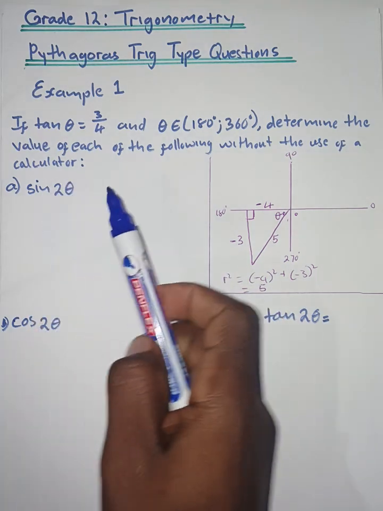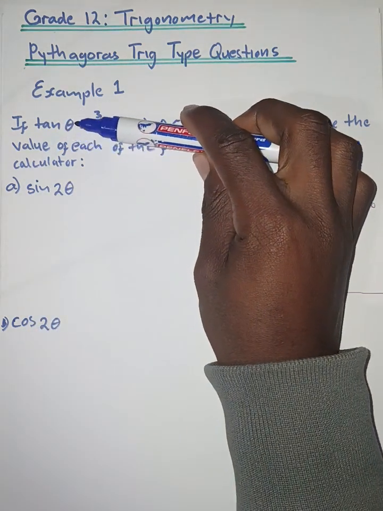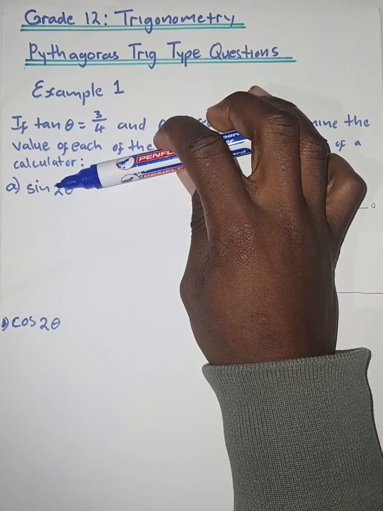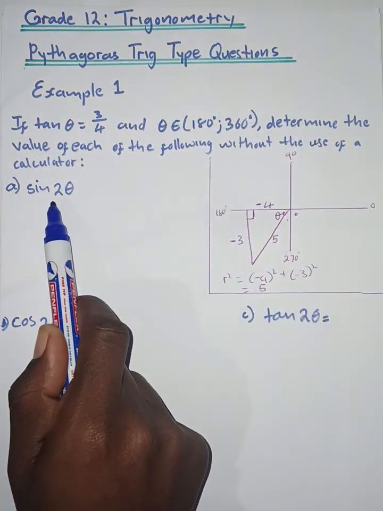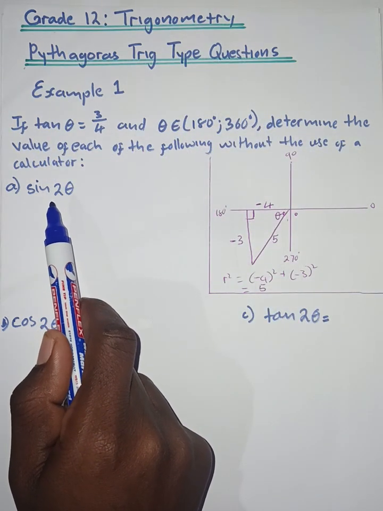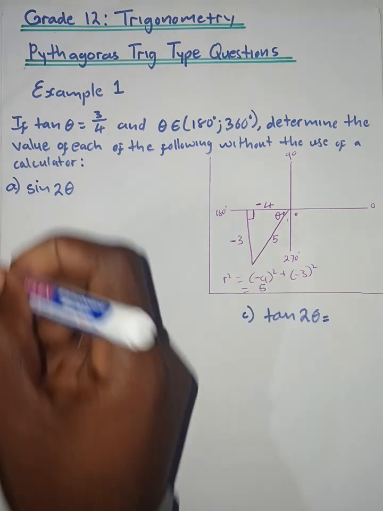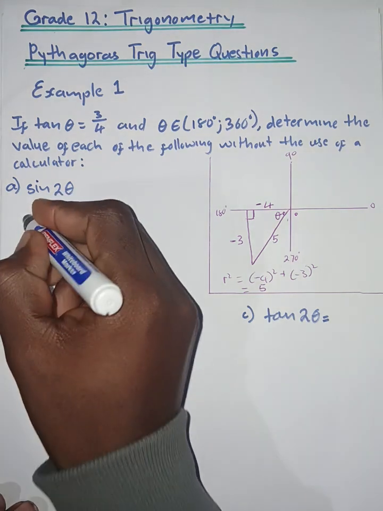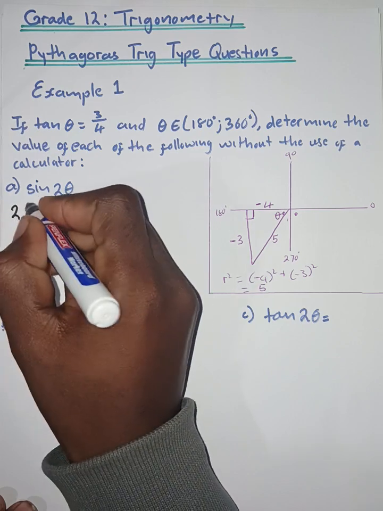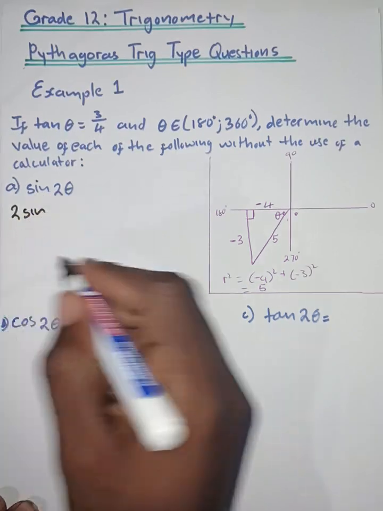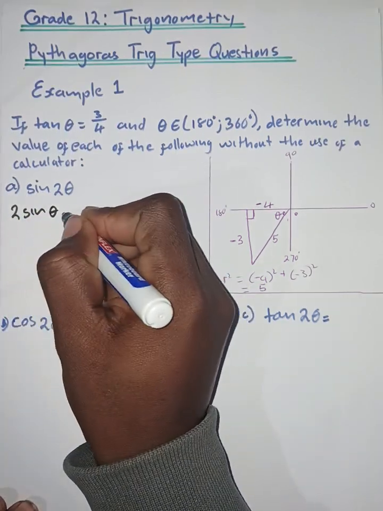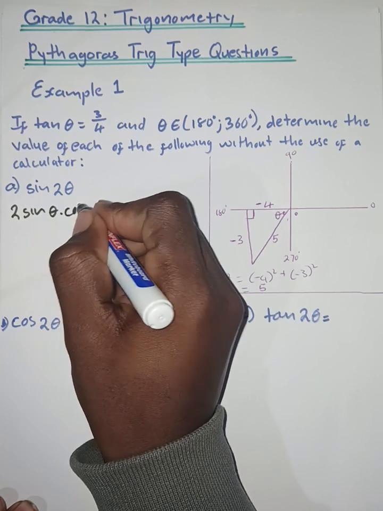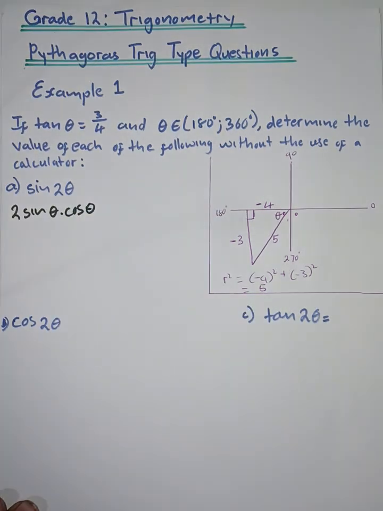Now, what they gave us here is theta, not 2 theta, but you can note that that's actually a double angle identity for sine. So this will change to 2 sine of theta multiplied by cos of theta. So that's the value that you are going to get.